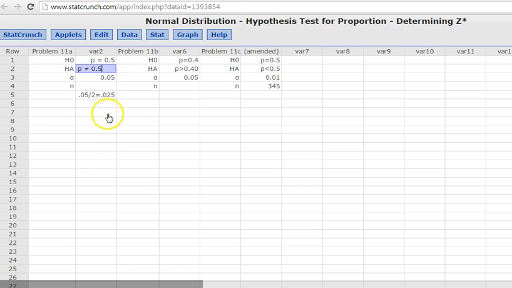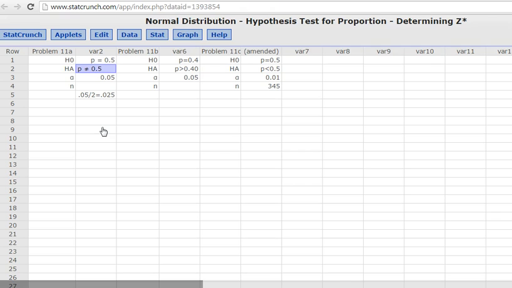Now the first thing we're going to look at is our alternative hypothesis. When the alternative hypothesis says that your proportion does not equal a certain proportion, in this case 0.5, then we know that we're conducting a two-tailed test. Does not equal means two-tailed test.